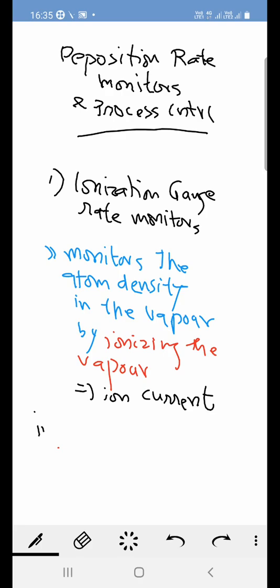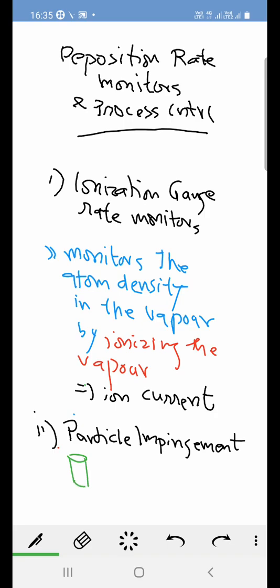The second method of rate monitoring is the particle impingement rate monitor. Now, in particle impingement rate monitor, you have a thin aluminum cylinder suspended into the system, and the particles which are getting deposited onto this cause a rotation of this aluminum cylinder.